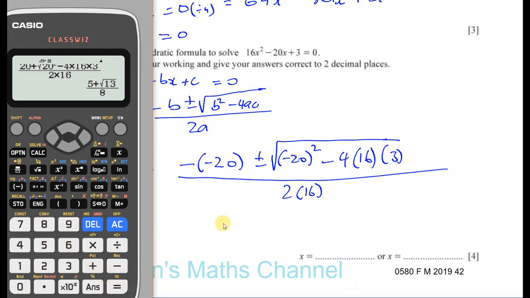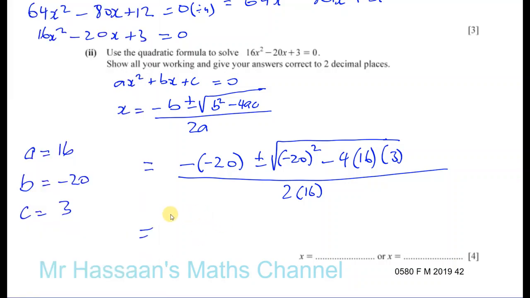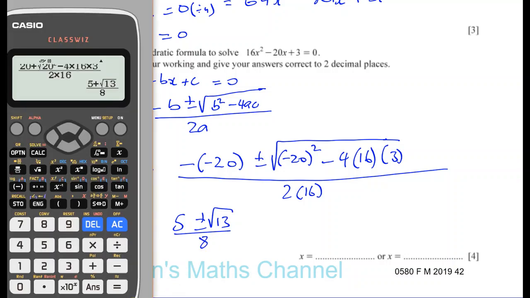And that gives me 5 plus root 13 over 8, and also 5 minus root 13 over 8, because you've got to have two answers: 5 plus or minus root 13 over 8.